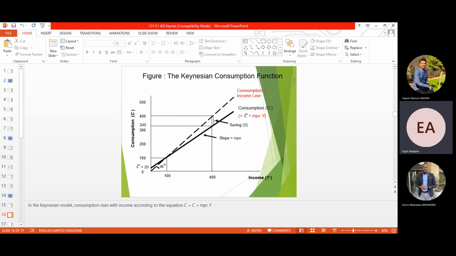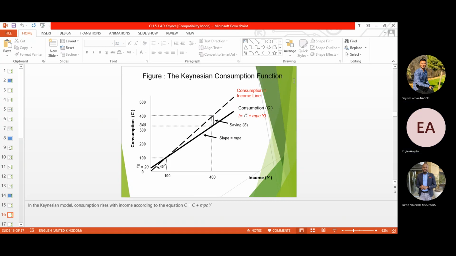It is a little bit below this line, and it intersects the income and consumption line at 100. After a period, when it reaches income 400, the consumption amount differs from the income-consumption line by approximately 60.